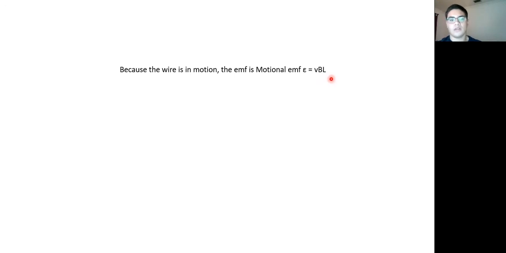And again, we use the component of the magnetic field that is perpendicular to the wire's motion, which is only 50 microteslas. And we also have the velocity of the wire, which is 2 meters per second, and the length of the wire, which is half a meter, or 50 centimeters. So we can just plug all these values into the formula to find the motional EMF, and that's 50 microvolts.